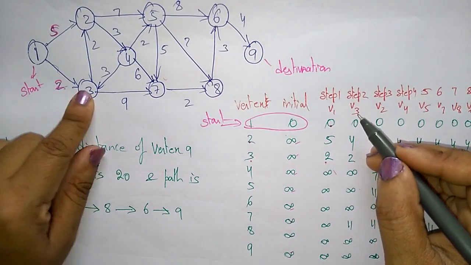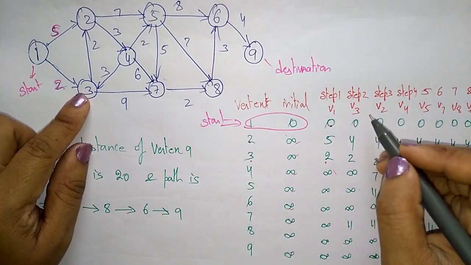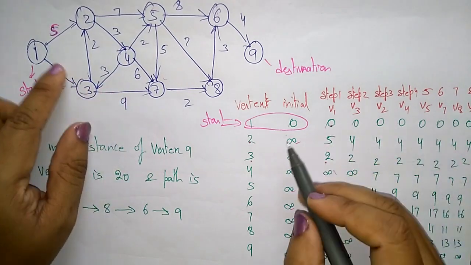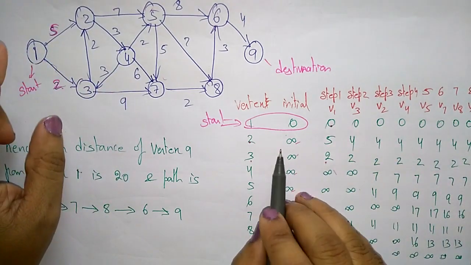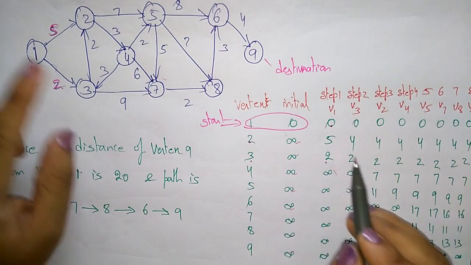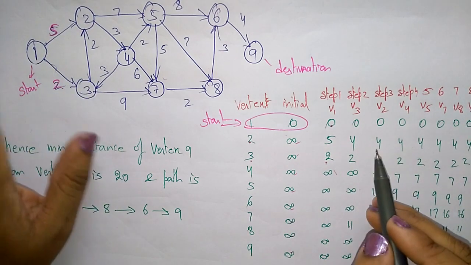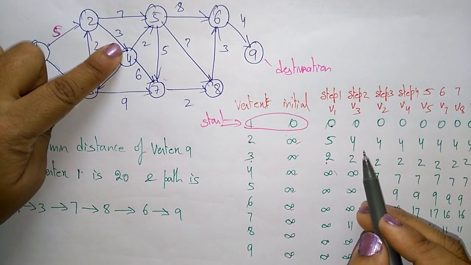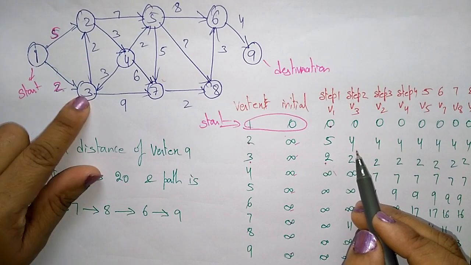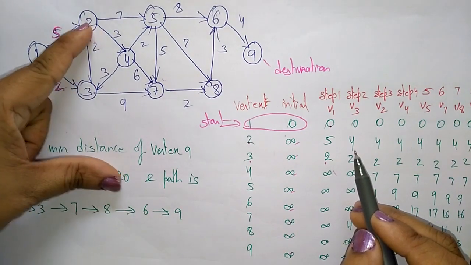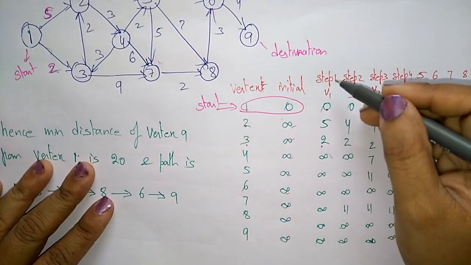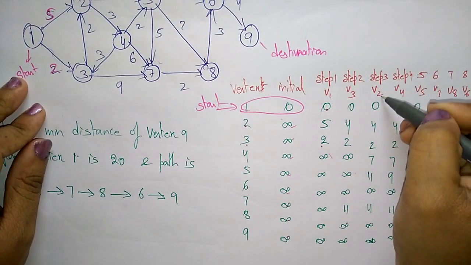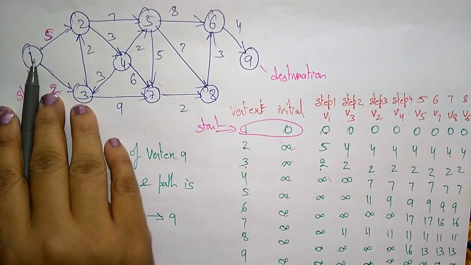Now coming to vertex v3, to reach that vertex we mark the values, and like that we calculate: step 1 v1, step 2 v3, step 3 v2, going on like that.